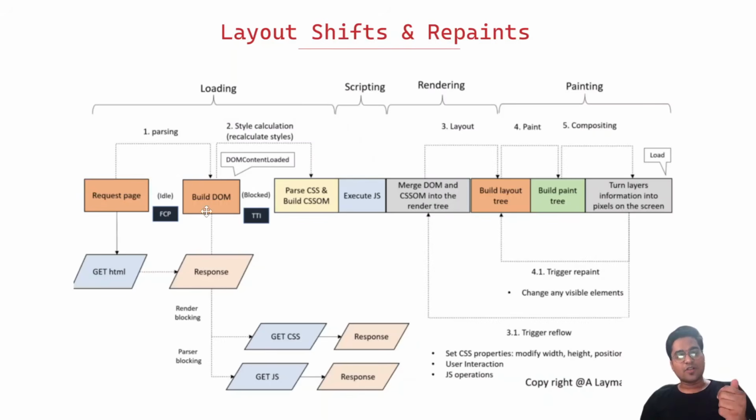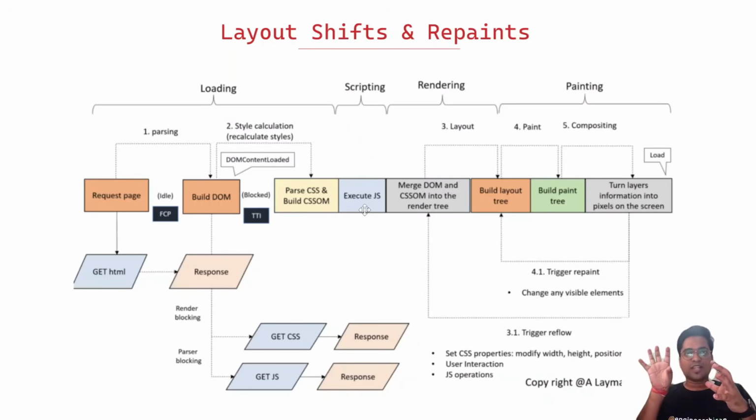Once you have a response, your DOM is created. You are aware of the DOM tree which is created. From that DOM tree, now you have your HTML, you have your CSS, both of them get combined and a recalculate styles is done and the CSSOM is created. Now, depending on what strategy is being used in order to load your JavaScript, your JavaScript is executed over here. Once the JavaScript is executed, you get your DOM and CSSOM merged.